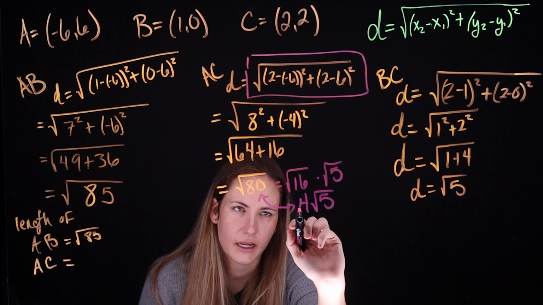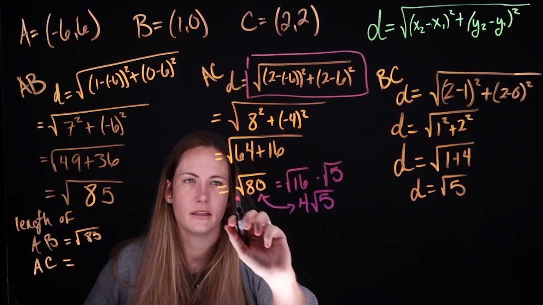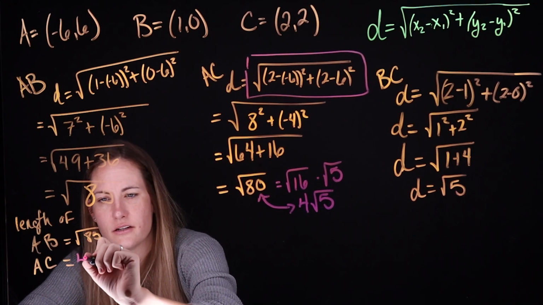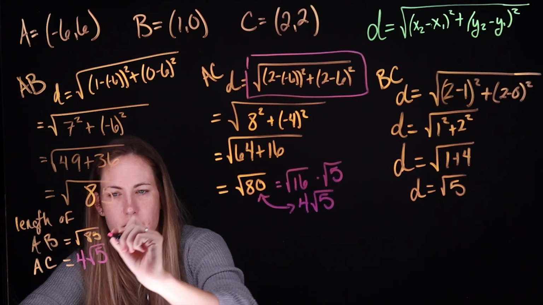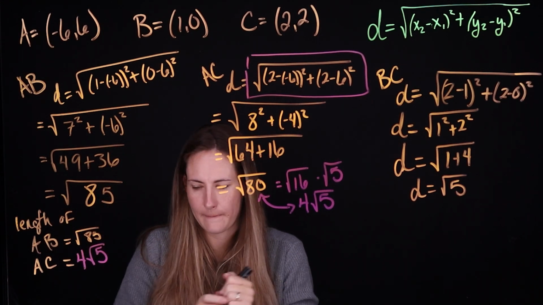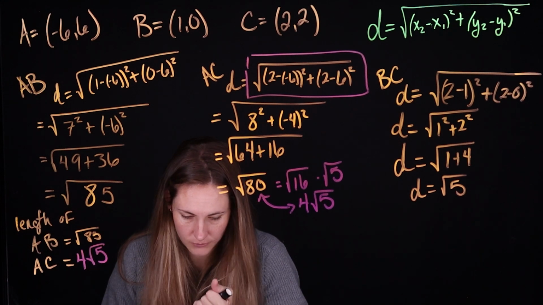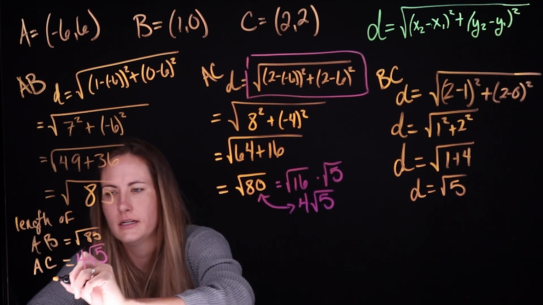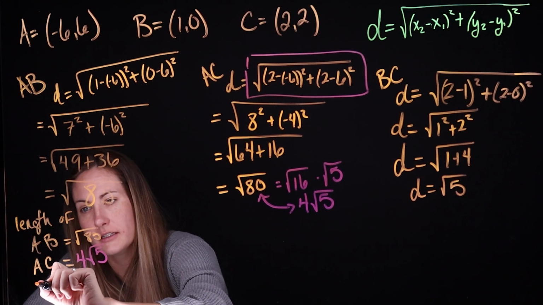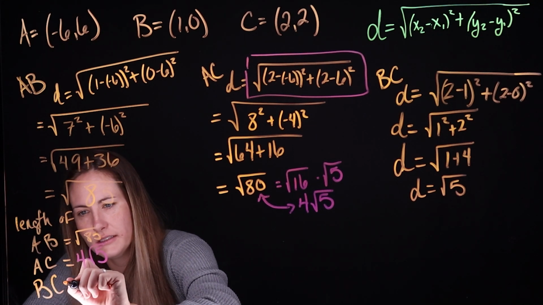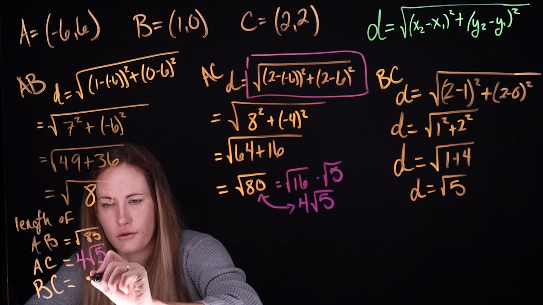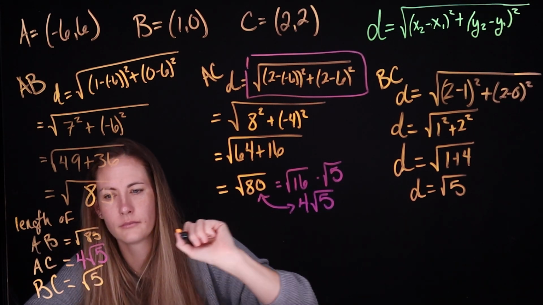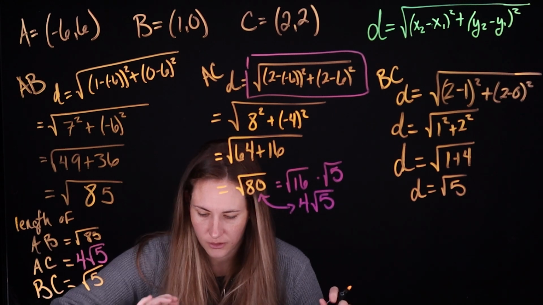But this is going to be the answer that they're going to take. They won't take the square root of 80 for this because it is not simplified. And they want it in simplest form. Simplify your answers. Type exact answers using radicals as needed. That means they're not going to take decimals. And then BC is square root of 5. And that's what they want on that one.